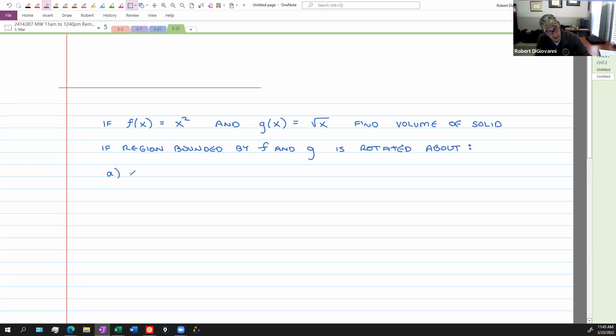First, we're going to rotate it around the x-axis. Then we're going to rotate it around the line y equals -5. And then around the line y equals 5. And then we'll do one more around the line y equals 1.